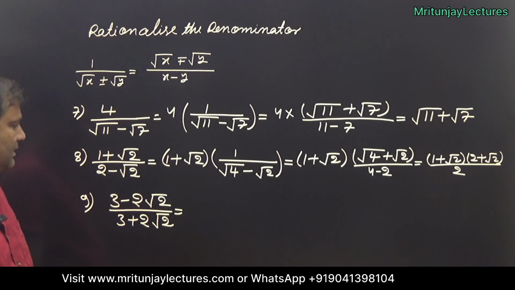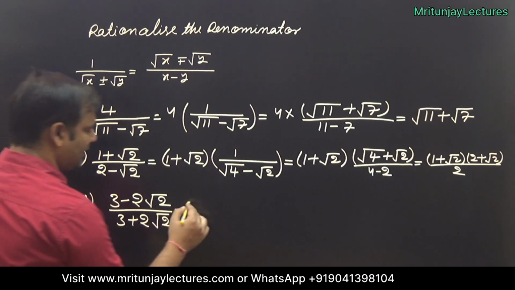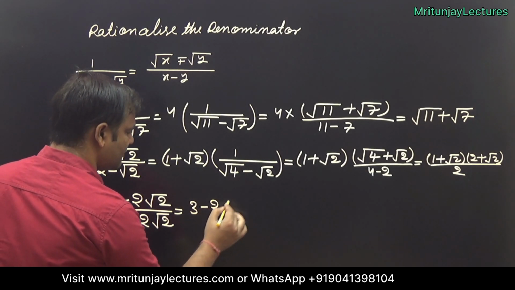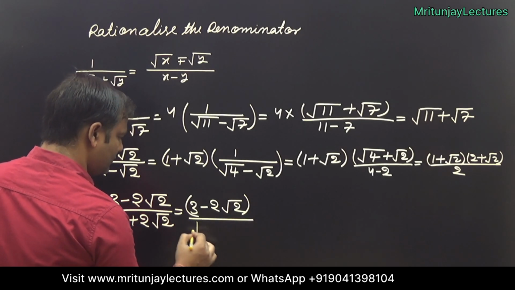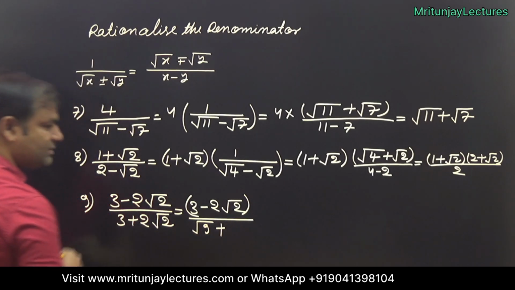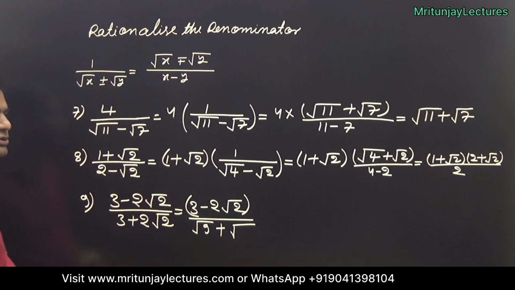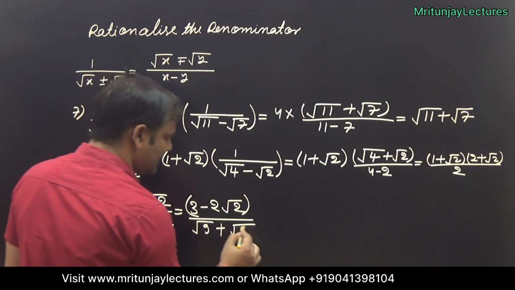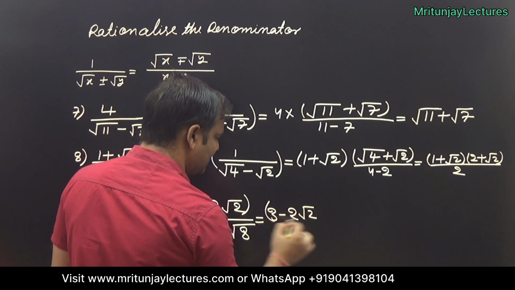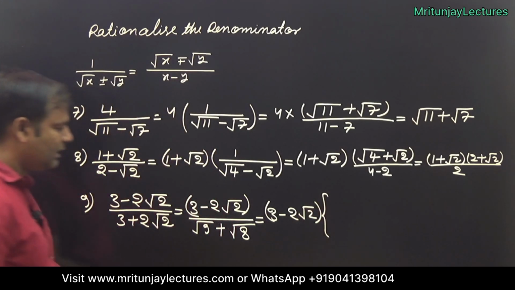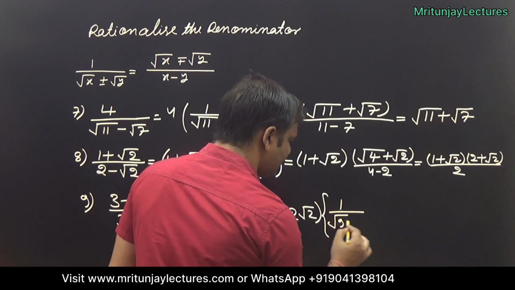Now, how can we solve this type of problem? 3 is written as root 9, and 2 root 2 is written as root 2 square, meaning 4 into 2, 8, root 8. So the denominator 3 plus 2 root 2 is written like that as root 9 plus root 8.